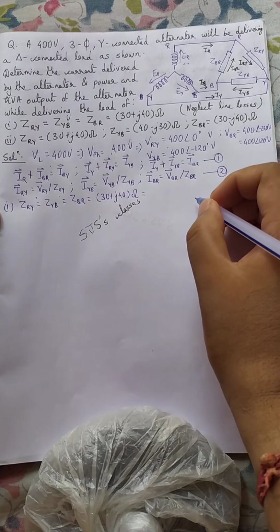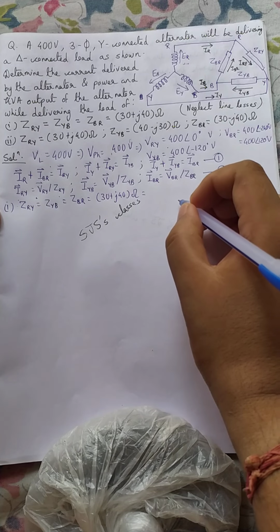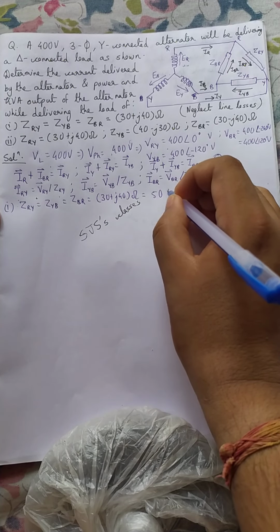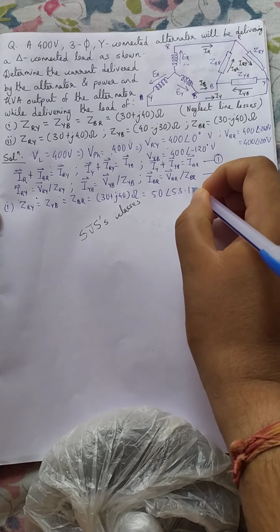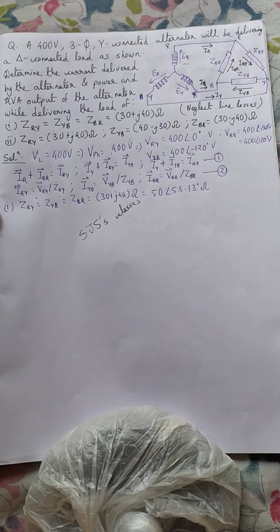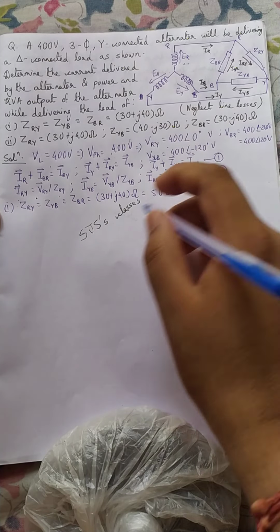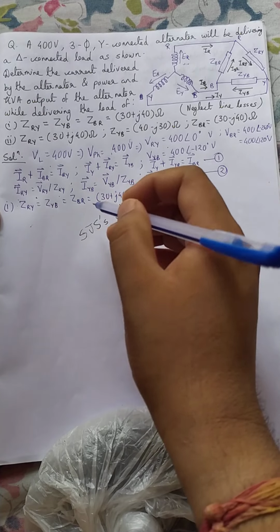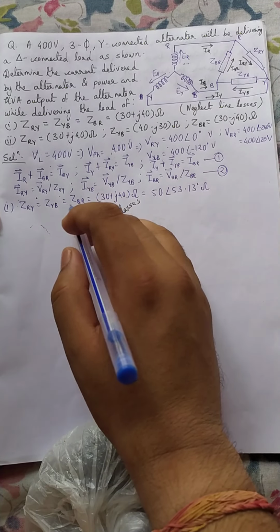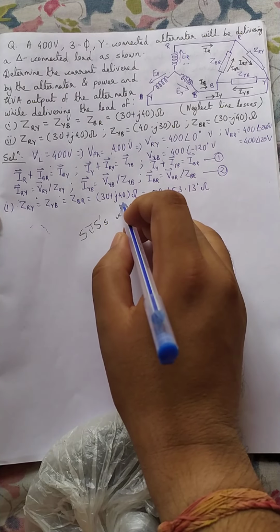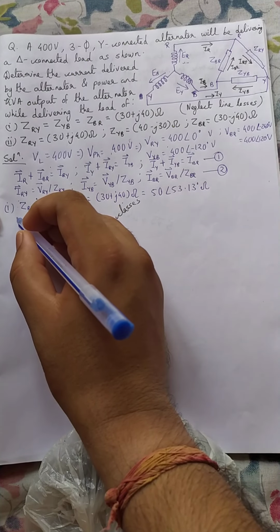So if I would be converting it into the polar form, it would be coming to be 50 angle 53.13 ohm. So this is the impedance. So we are knowing that. So if we would be simply putting this value in equation number 2, what we can find?